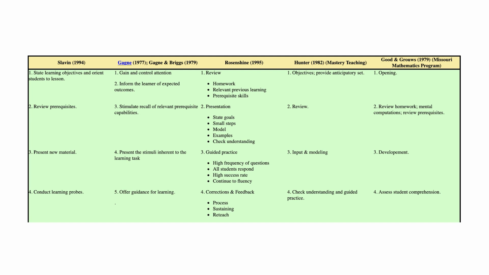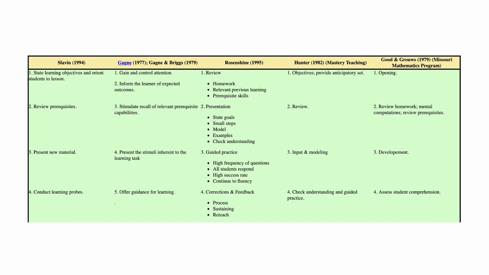Gagne and Briggs also propose several direct instructions. They are gain and control attention, and then inform the learners of expected outcome, stimulate recall of relevant prerequisite capabilities, present the stimuli inherent to learning tasks, and offer guidance for learning.